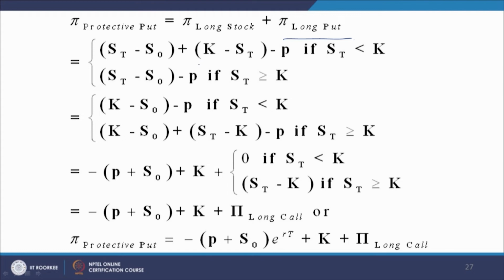It gives you K minus ST if ST is less than K, and gives you 0 if ST is greater than K, and this P is the price you pay for acquiring the long position in the put option.